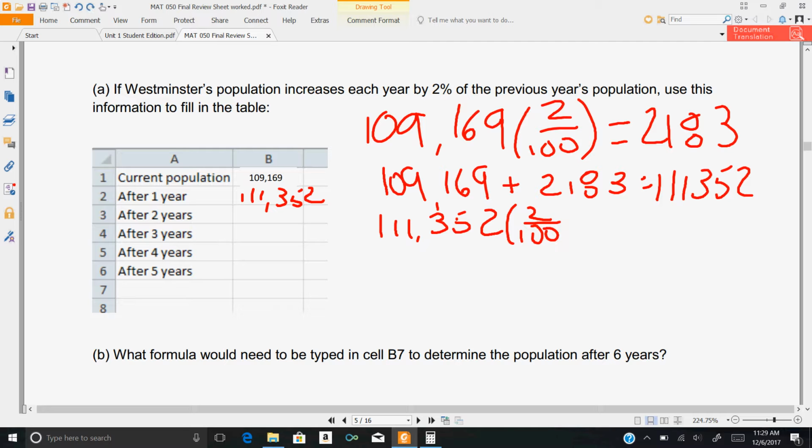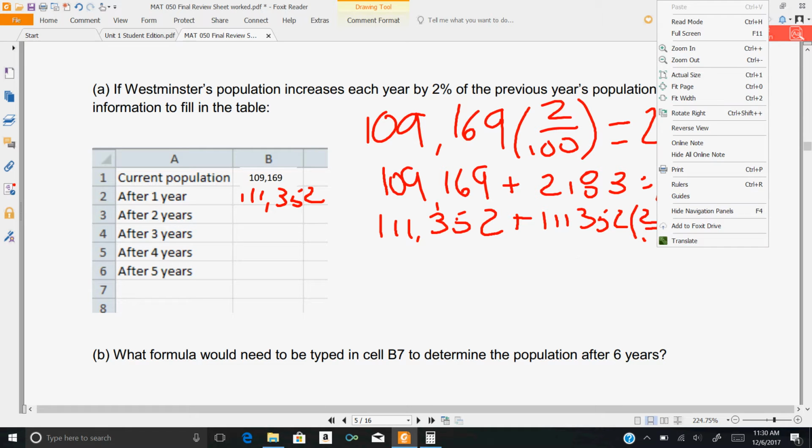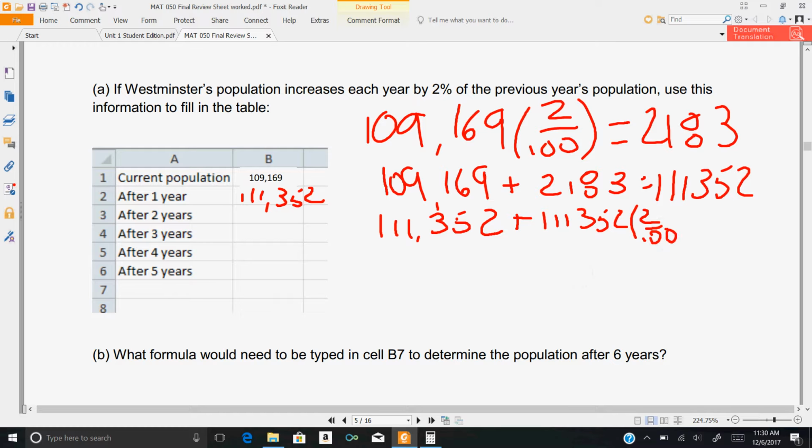So I'm going to say 111,352 and I'm going to add to that 111,352 times 2 over 100. And I'm going to put that in my calculator, see what it equals.